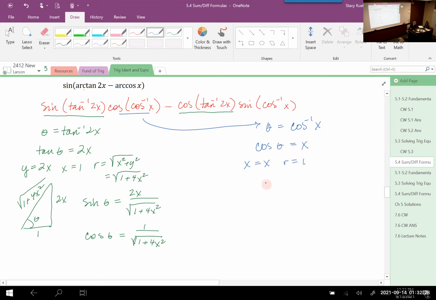So if I were to sketch that picture here, the adjacent, cosine is my horizontal over my hypotenuse. And therefore, y has to be the square root of r squared minus x squared, or in other words, the square root of 1 minus x squared.